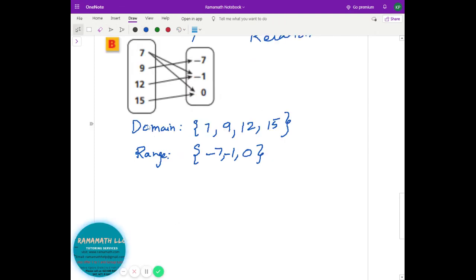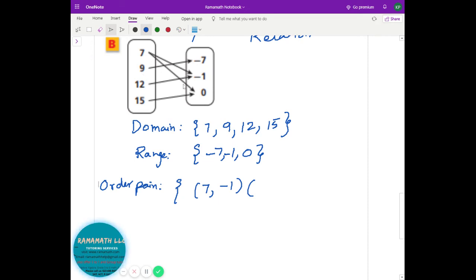So in this one, let's write it in ordered pair format. So the ordered pairs are going to be 7, -1.